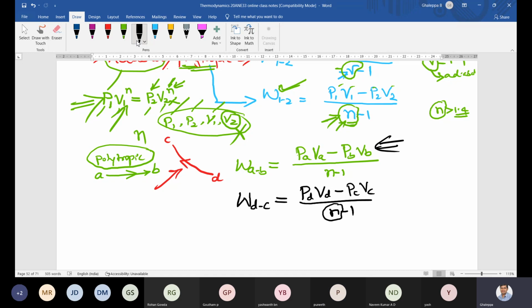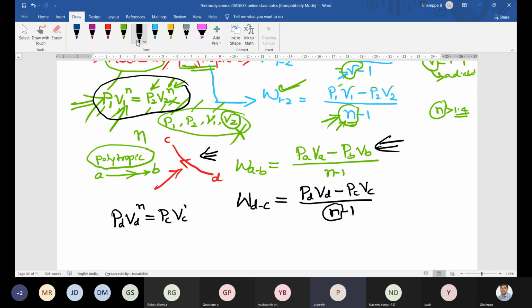So which equation will you apply for this process? PdVd to the power of n equals PcVc to the power of n. Very good.